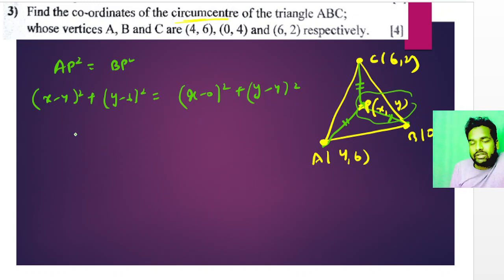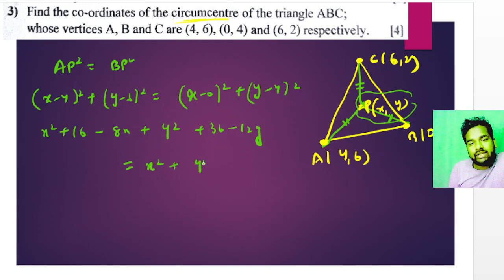If you solve this, it will become x square plus 16 minus 8x plus y square plus 36 minus 12y is equal to x square plus y square plus 16 minus 8y. From here we can cancel x square with x square, and y square with y square. Now arrange the equation.